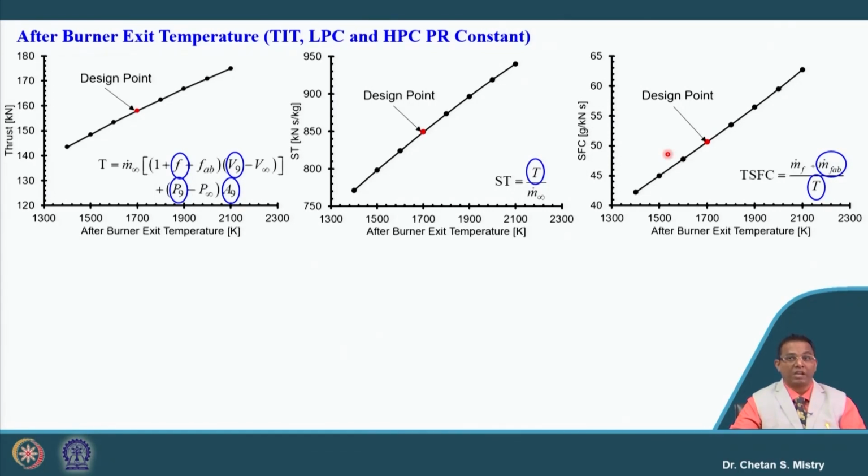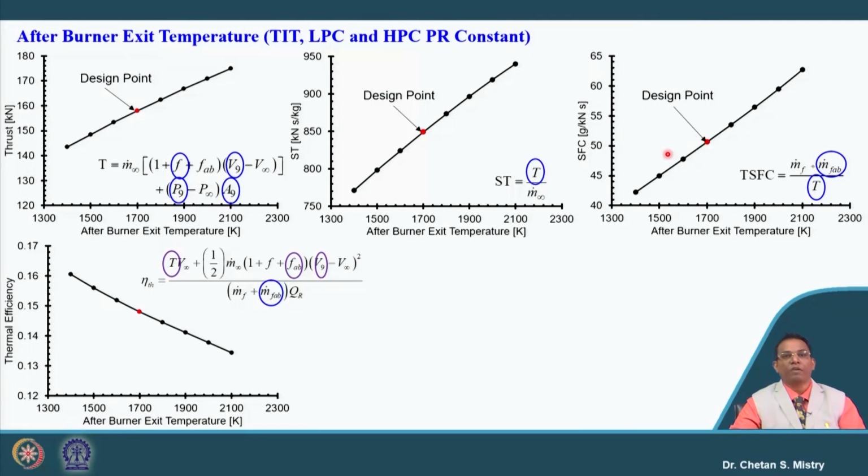So you can understand why we operate our afterburner for a small duration. Now let us look at the thermal efficiency. With the increase of afterburner temperature, the thermal efficiency is going to be lower. The reason is clear: the amount of fuel required in the afterburner will be large.